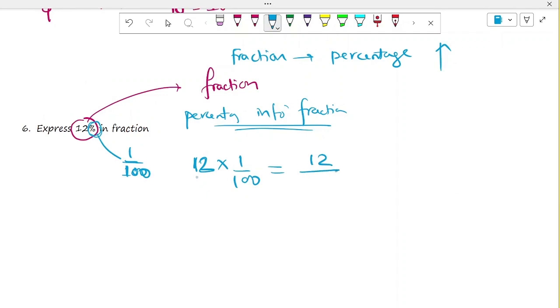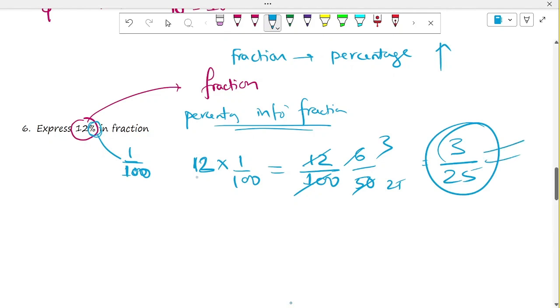It is 12 divided by 100, and when you convert it into a fraction, you can simplify this one. 2 sixes are 12, 2 fifties are 100, 2 threes are 6, 2 twenty-fives are 50. So the answer for this is 3 by 25. This is our required fraction.